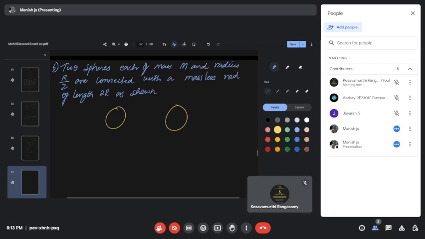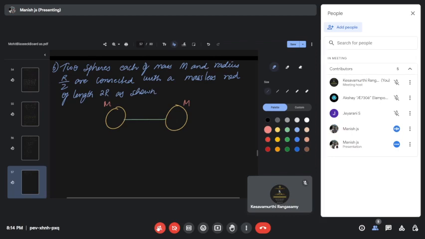You have two spheres which are connected by a massless rod like this. It is connected end to end, and the mass of each sphere is m. Both are identical spheres.